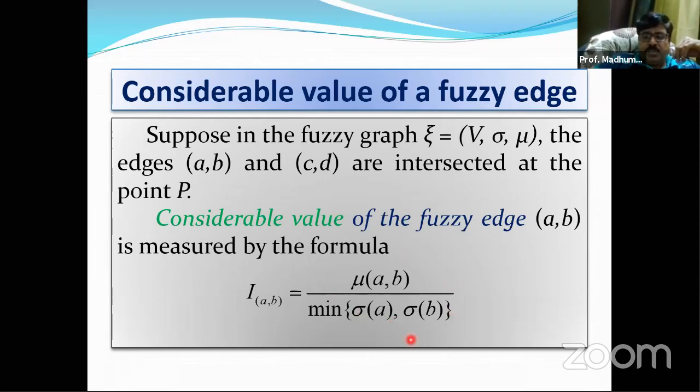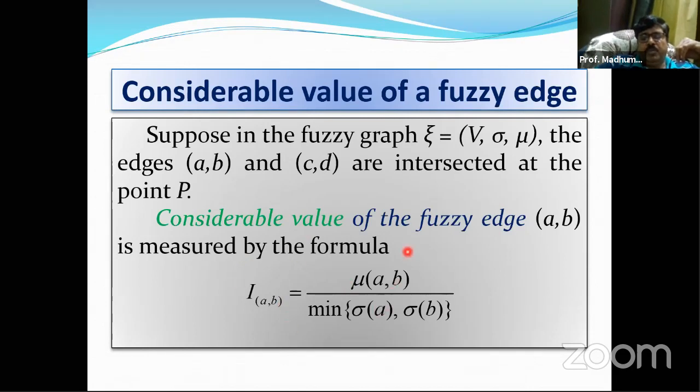So using this definition, mu AB divided by the minimum of sigma A and sigma B is defined as IAB. And this term is called the considerable value. That means whether crowdedness is considerable or not. So in that sense, we have termed this particular parameter the considerable value, and that one is denoted by IAB.